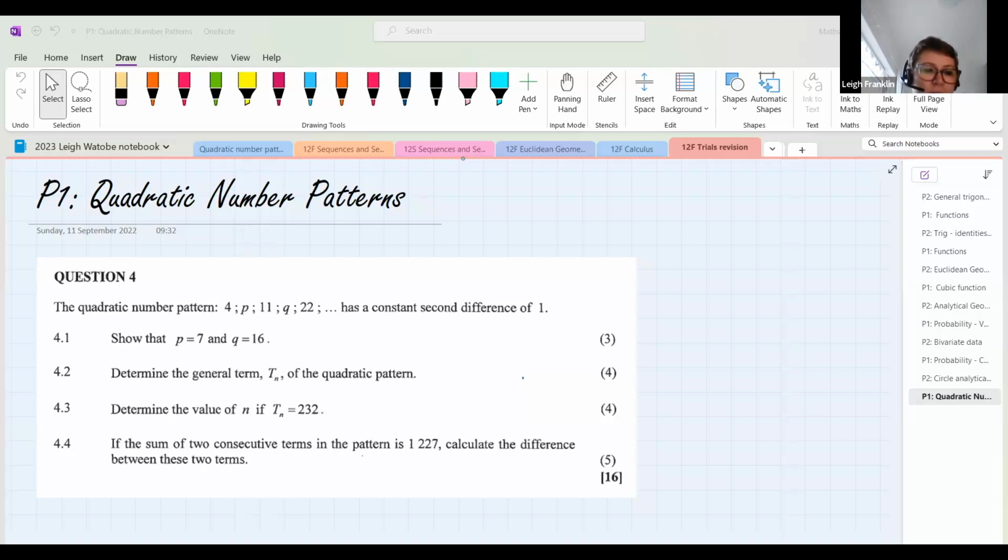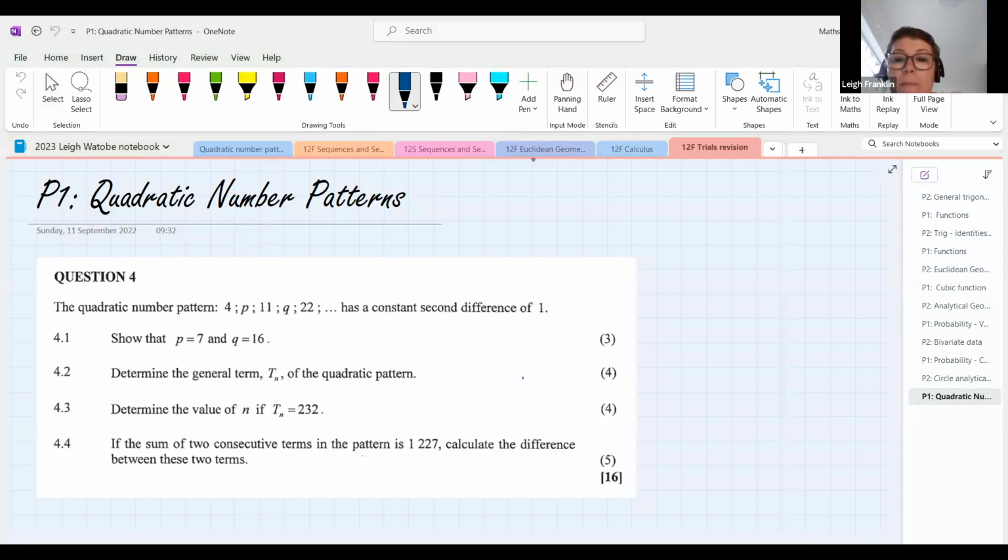The first thing that they want us to do is show or prove that p is 7 and q is 16. We're not allowed to substitute in the 7 or the 16. We've got to prove that. So what are your ideas as to how we should start this question? How would we show that?